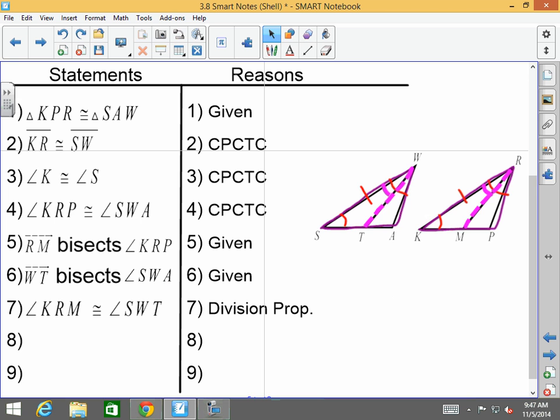Now I can state that triangle, I'll do it in blue, STW is congruent to triangle KMR because of angle, side, angle.